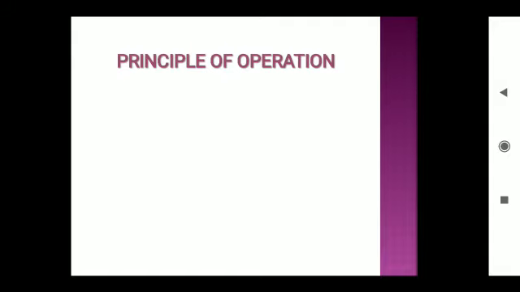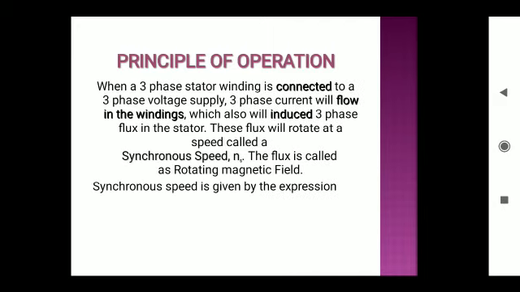Now, the principle of operation. When a three-phase stator winding is connected to a three-phase balanced voltage supply, a three-phase balanced current will flow through the winding. The magnitude of this current is the same in each of the phases, which also will induce three-phase flux in the stator, and the electrical angle between these three fluxes is 120 degrees.